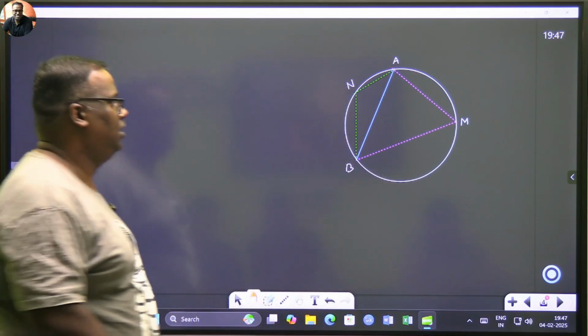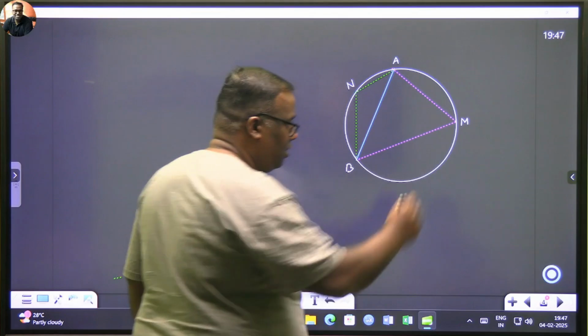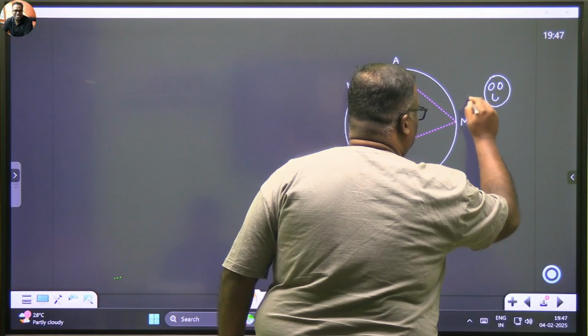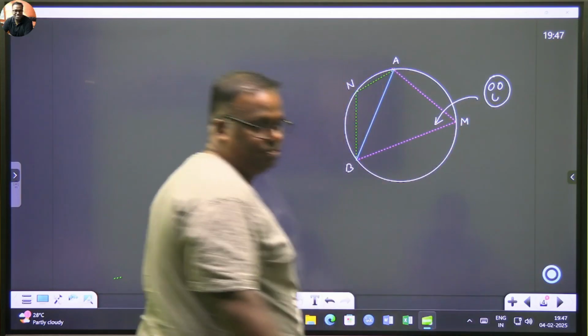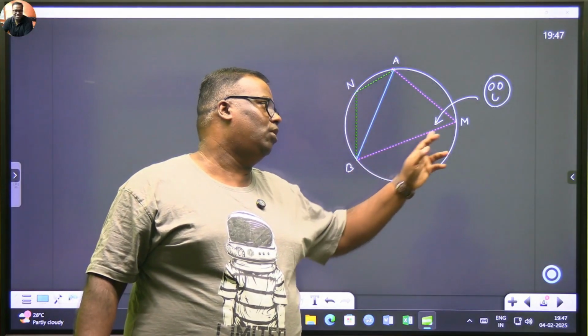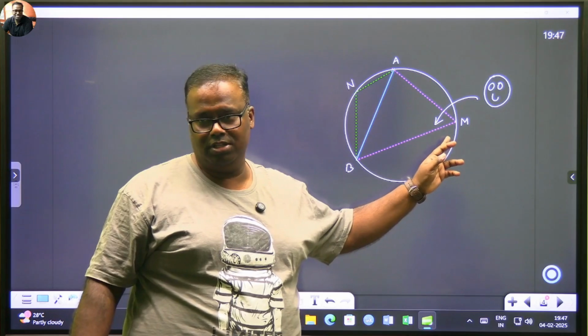Now understand. Please understand. If you are trying to view this particular angle, then what will you call? Angle subtended by the chord on the major segment.